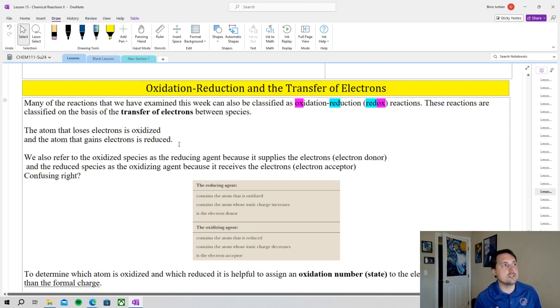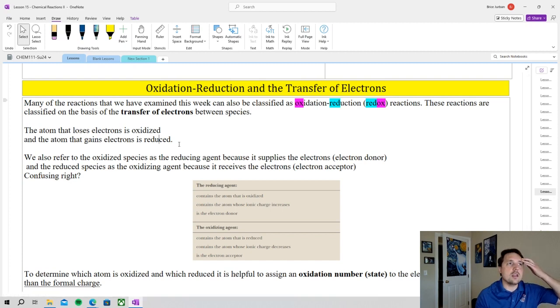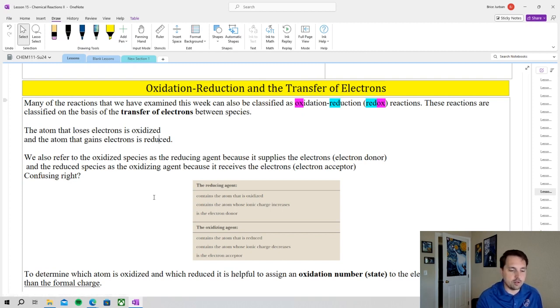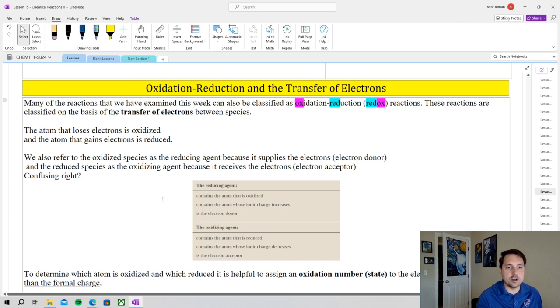So if we were thinking about some of the ions that we're already familiar with, if we have a metal and that metal loses electrons, it becomes oxidized. So calcium becomes calcium 2+, that's an oxidation. If I have an atom such as oxygen that gains 2 electrons so that it can be having a full octet, that would be a reduction because it's gained 2 electrons in that process.